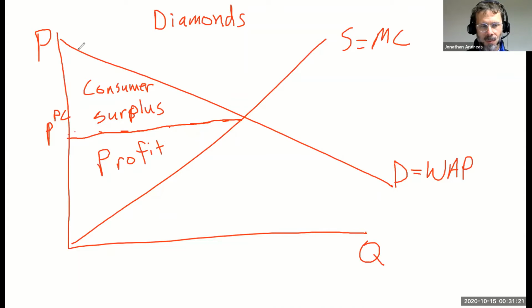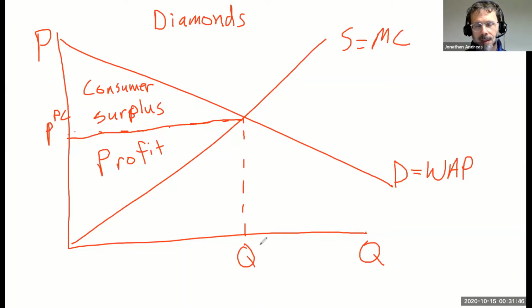This is what people would be willing to pay but didn't have to, because they pay the going price. And this area here above the cost curve and below the price curve is the profit, because it costs this much to produce each unit, and they got paid this much up here for this quantity.